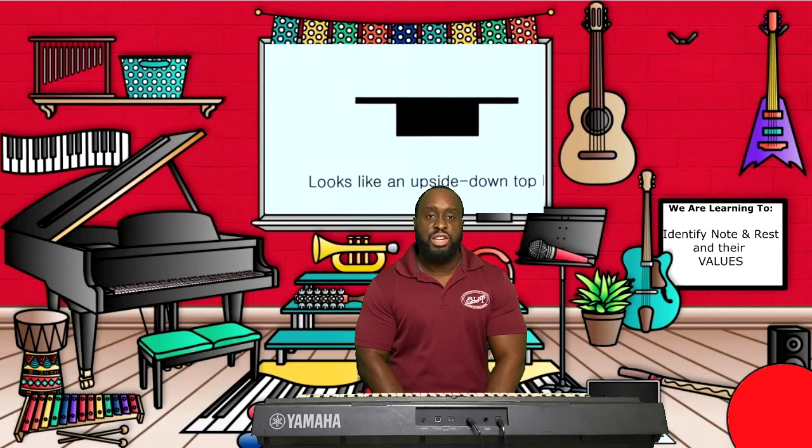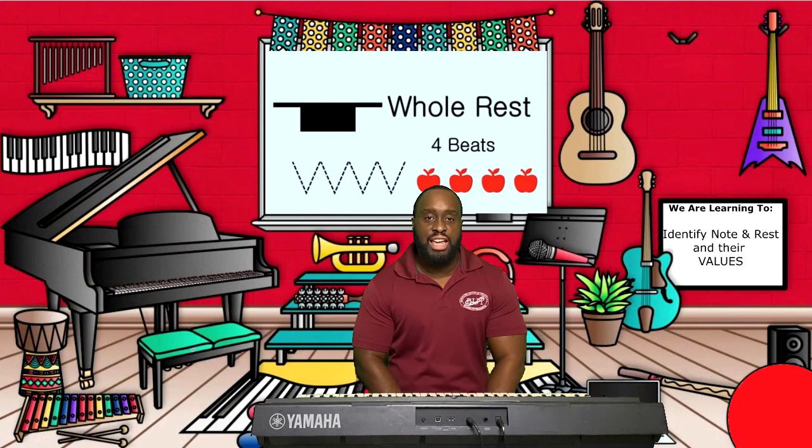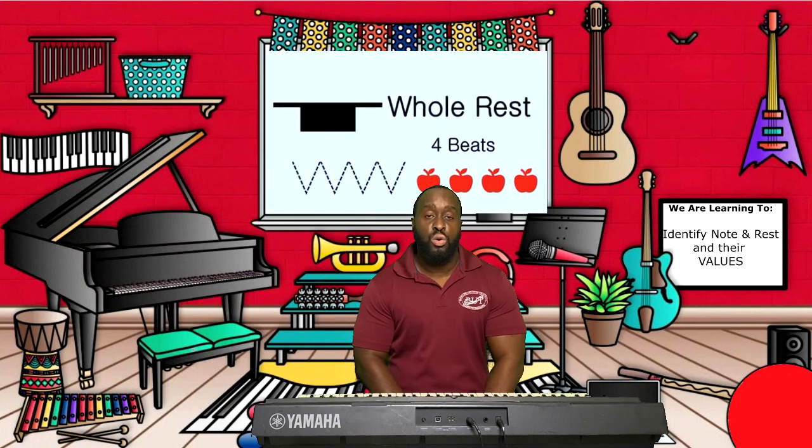Okay, so make sure that you know that a whole note and a whole rest each get 4 beats. You clap or play on a whole note and you take a 4-beat break for a whole rest.